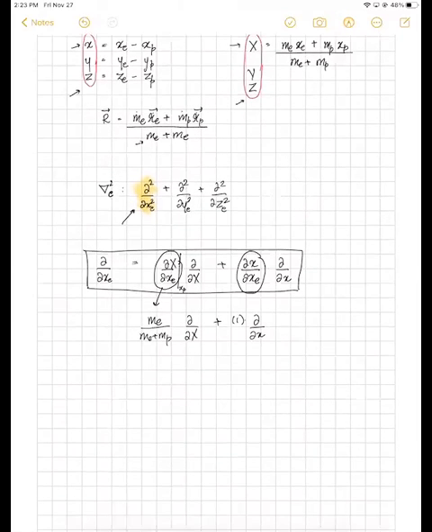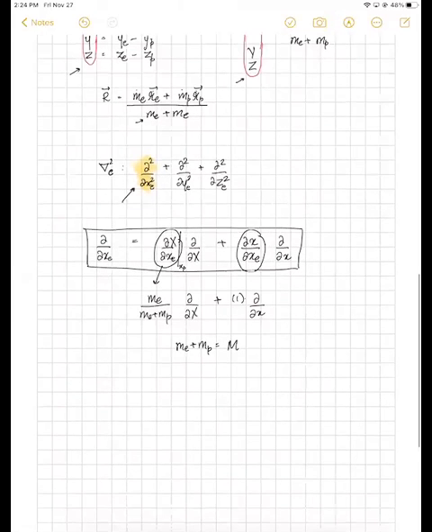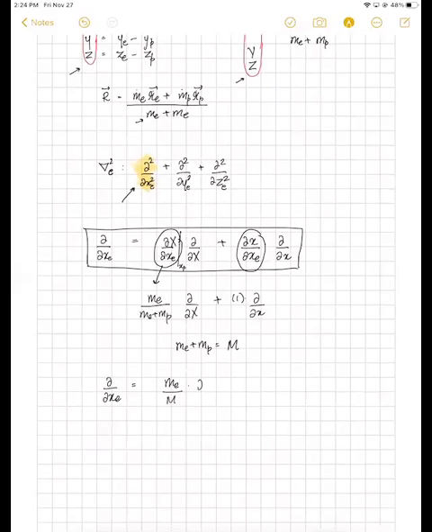And we're just going to call me plus mp, which is the total mass of our system, a capital M, right? This is mass of electron plus proton, so this is just the mass of our hydrogen atom. So we have del by del xe is equal to mass of electron by total mass times del by del capital X plus del by del small x.